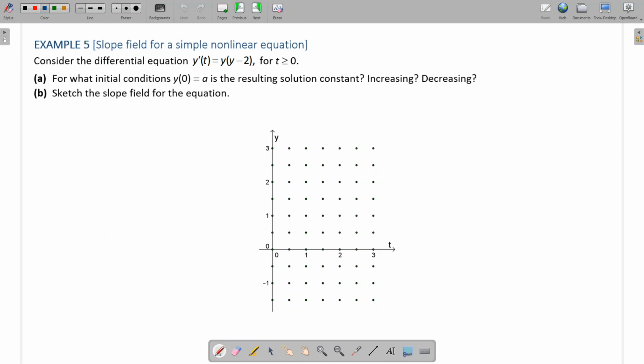Okay, so this says for what initial conditions do we get a constant, increasing and decreasing solution? Same as last time, and then it tells us to sketch it. I would say let's sketch it first and then go back and figure out when we get increasing, decreasing, and constant. Notice in our differential equation there is no t, no x, no independent variable.